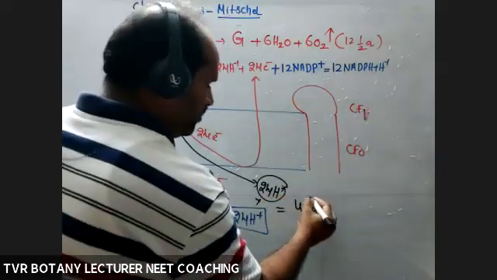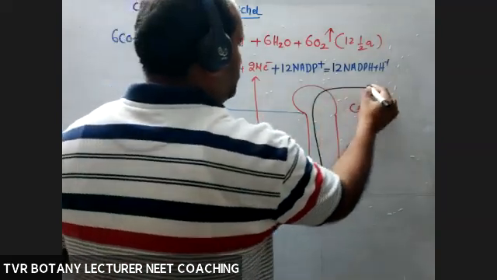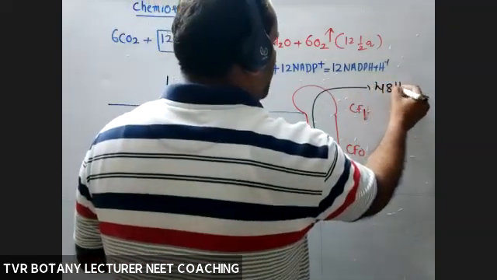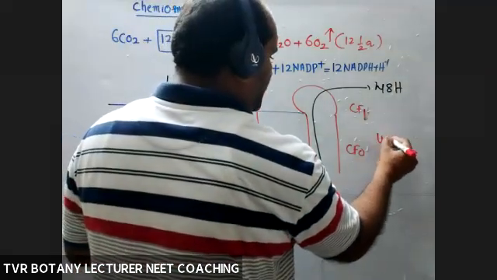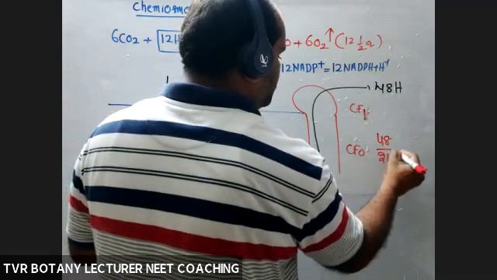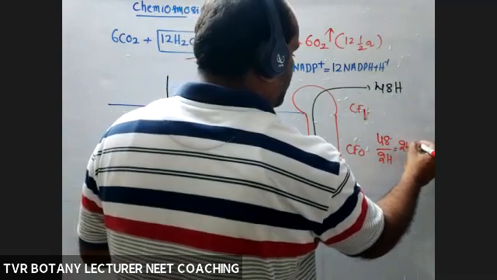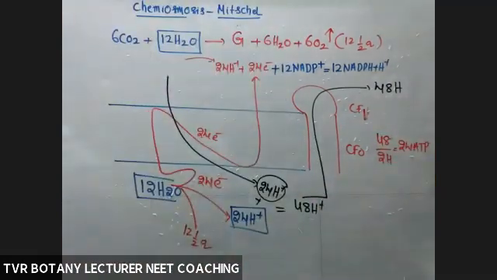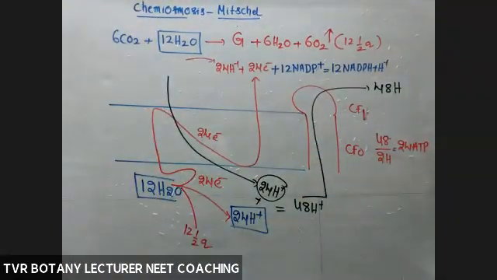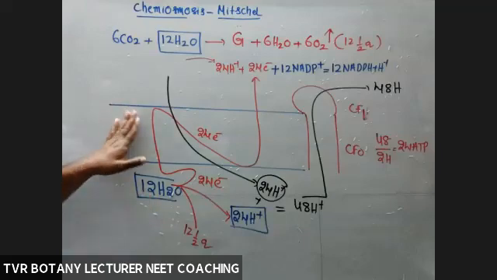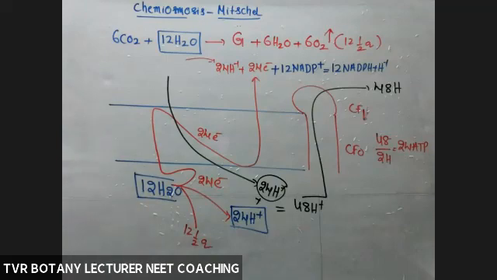So how many protons are available? 48 H plus. According to that calculation, 48 divided by 2 H plus gives how many ATP? 24 ATP molecules. To produce 24 ATP molecules, 24 ADP and 24 inorganic phosphates are required.